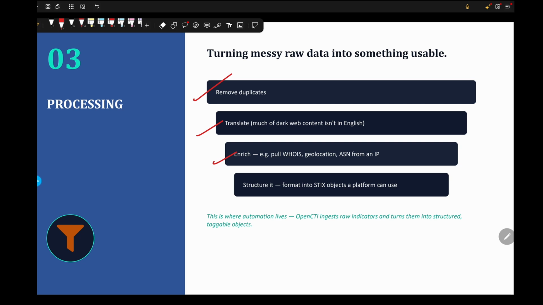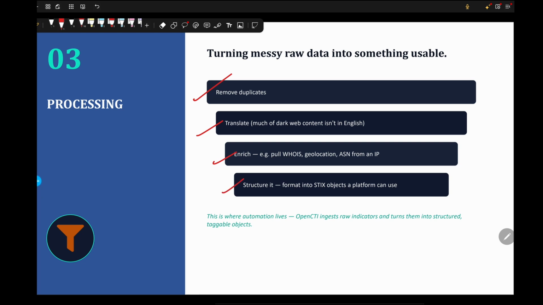For instance, if you are tracking an impersonating domain, then it's important to know where the domain is hosted, who the domain registrar is, and whether it is backed by some DNS provider. All this information you need to know, right? So it's important to collect that information as well. Whatever data you collect, you have to enrich it.